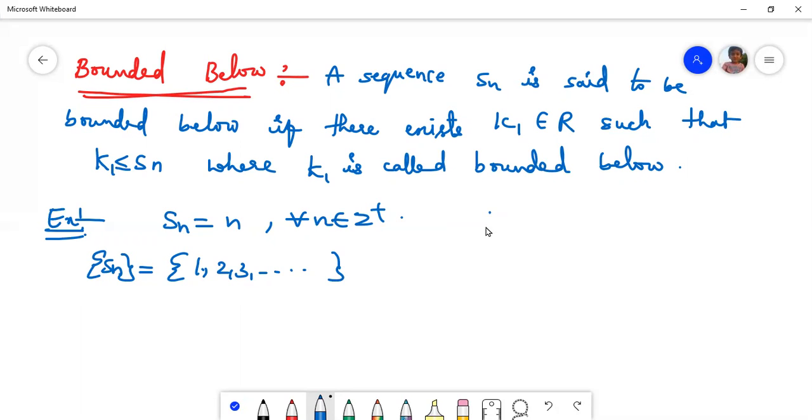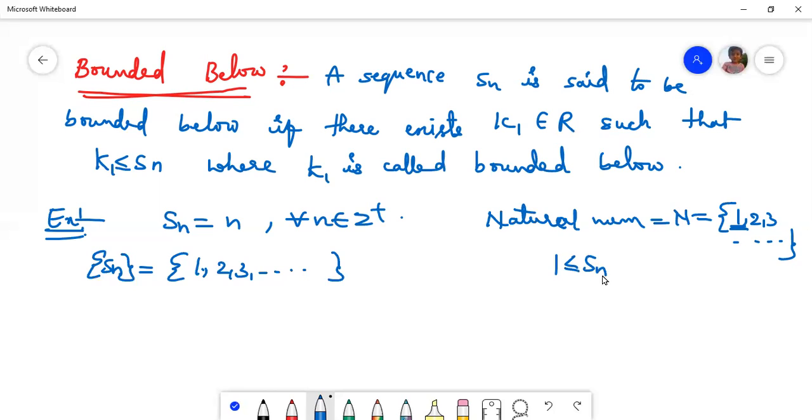Indirectly, we can take the example of the natural numbers. The natural number set has a lower bound. Lower bound means it has the minimum value 1, 2, 3, but there is no maximum value. So here, k1 is the minimum. That is nothing but 1 is the minimum for all the terms of the natural number set.